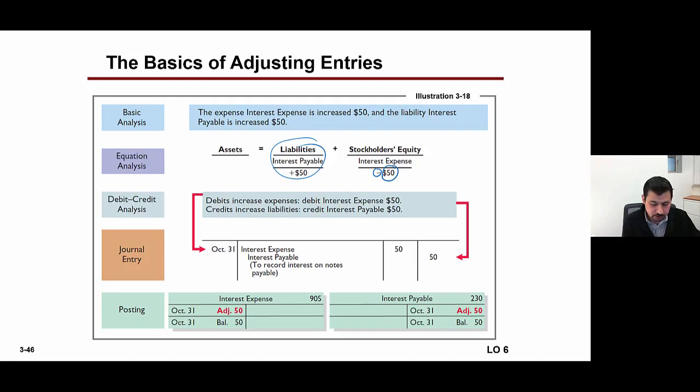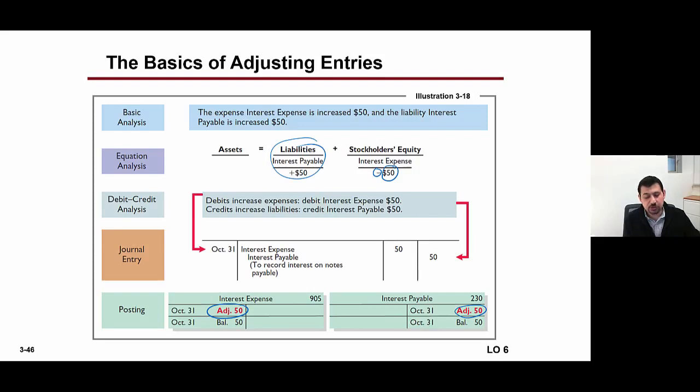And in the adjustment, we have debited the expense account and credited the liability account. And here the interest expense is basically the interest charges for the month of October. The interest payable is the charges at the date of the statement, and this is the liability, the obligation that the company has now.